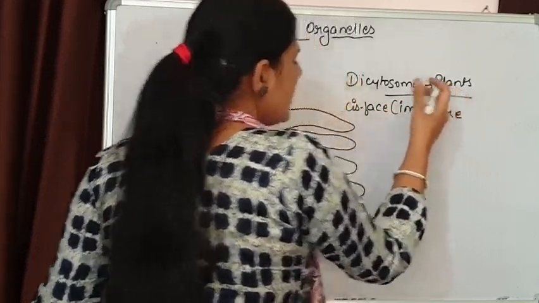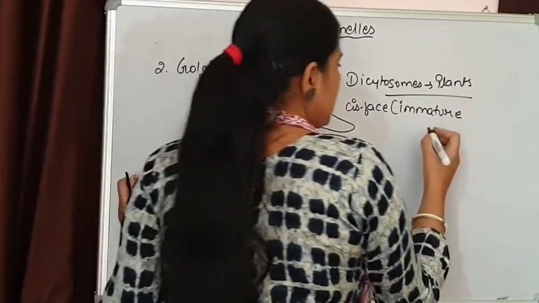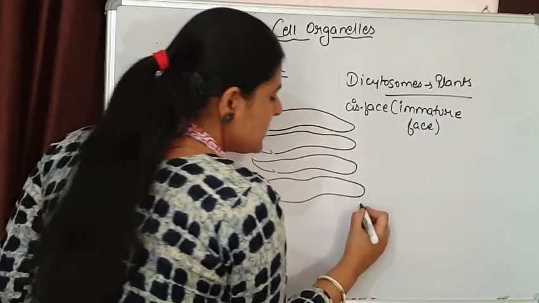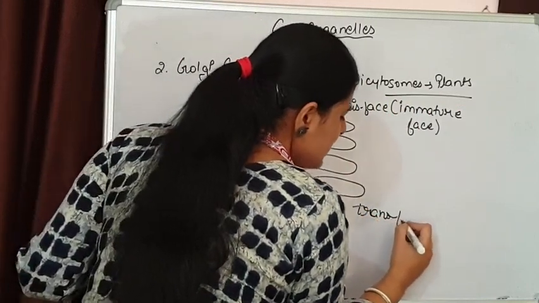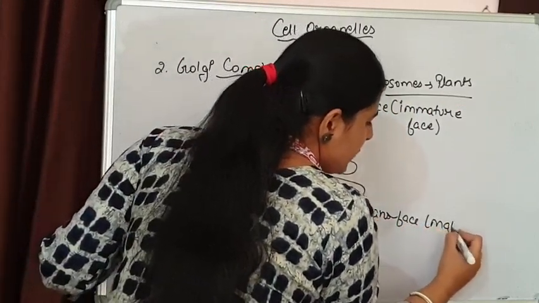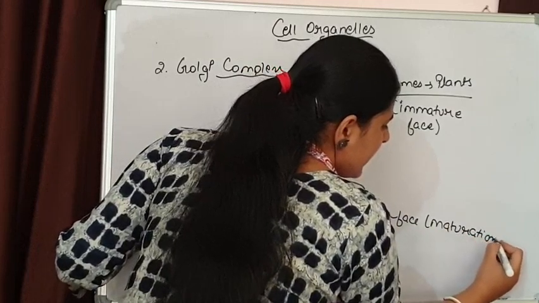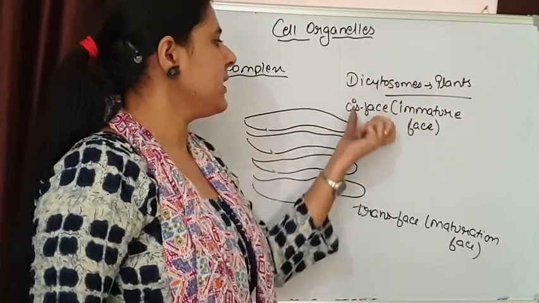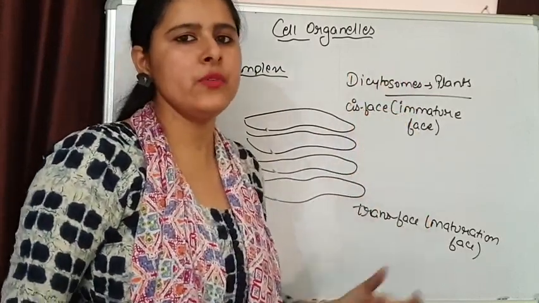When I explain, you will come to know why we are giving them these names. And just opposite to this end, this portion is known as the trans phase or maturation phase. Somewhere you will see it written as transfer phase, or secretory phase also.